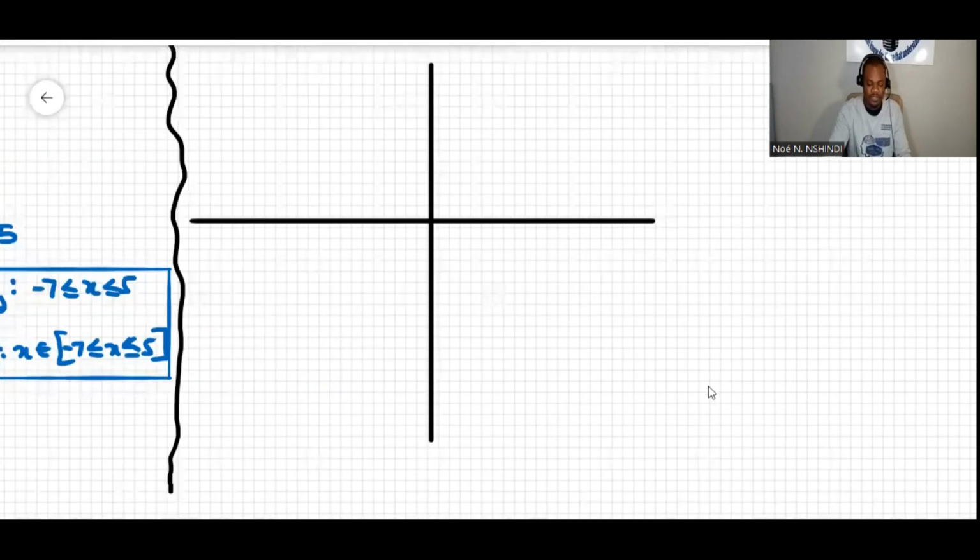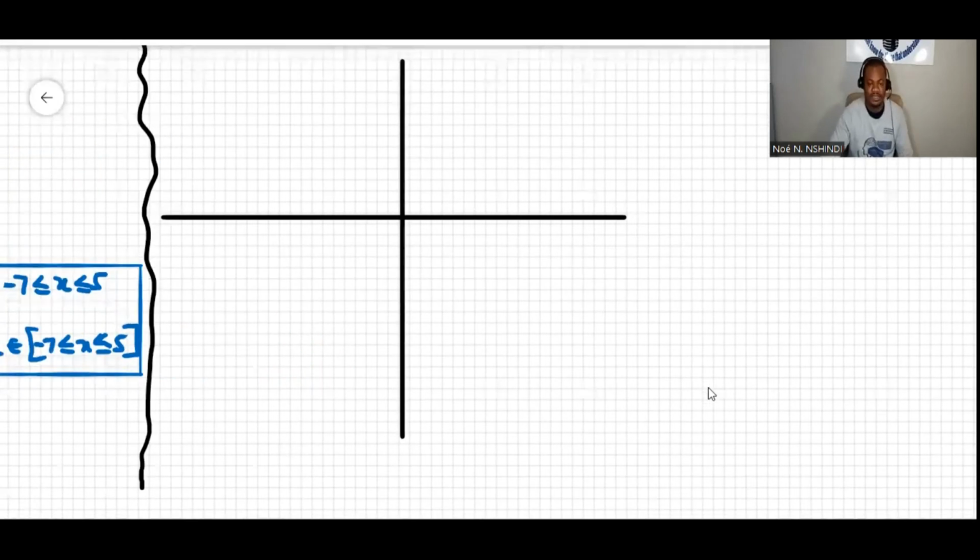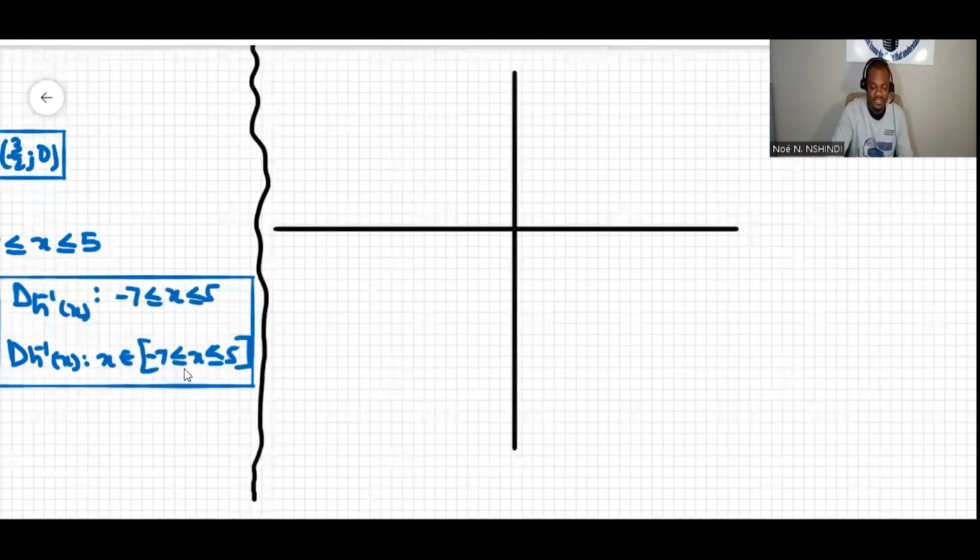Now let's find the domain. The domain of h minus 1 is -7 to 5. So on the x-axis we count -1, -2, -3, -4, -5, -6, and -7. Let's say -7 is there. And then +5: 1, 2, 3, 4, 5.